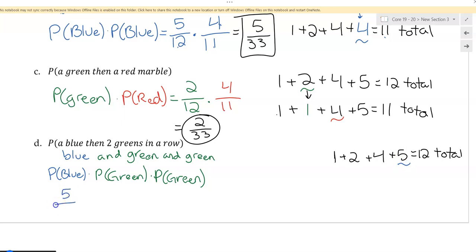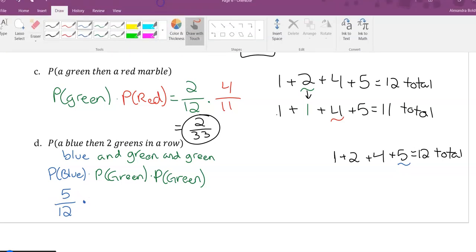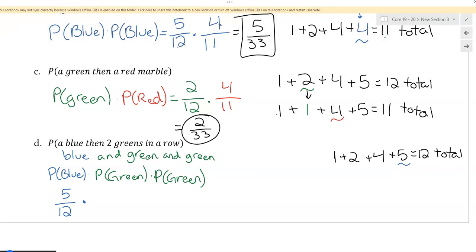So that's 5 out of 12 times. Now when I go to choose my next one, right, I have 1 plus 2 plus 4 red. I took a blue. I no longer have that blue. This changes to 4. And that's how we get that 11 total.